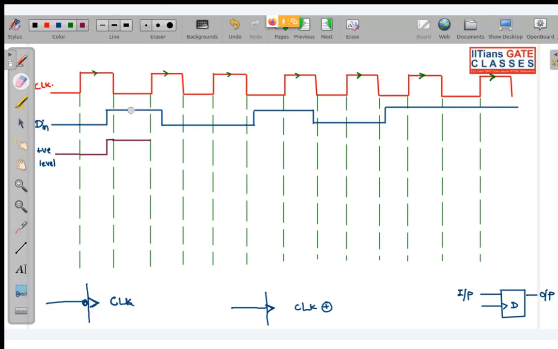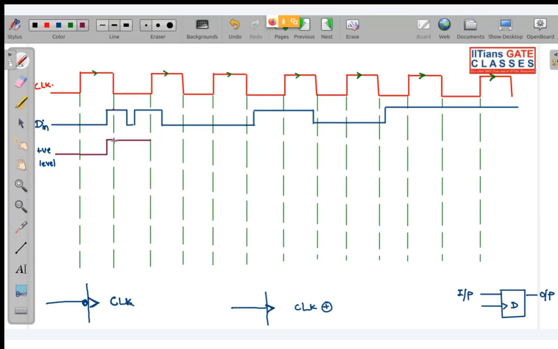If suppose here input was changing something like this, so that is why I told you not to copy, because I will be changing the diagram. If suppose your input was changing like this, but still your output won't be changing, because the last input that your D flip-flop got at the end of this positive level clock was that your input was high.